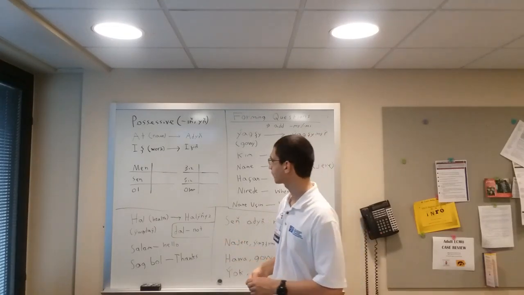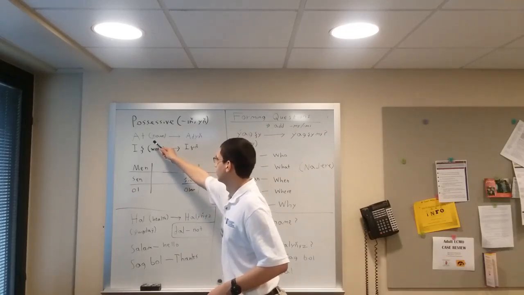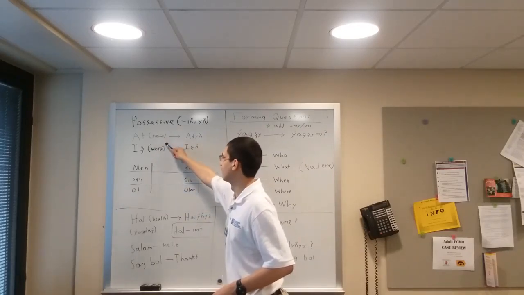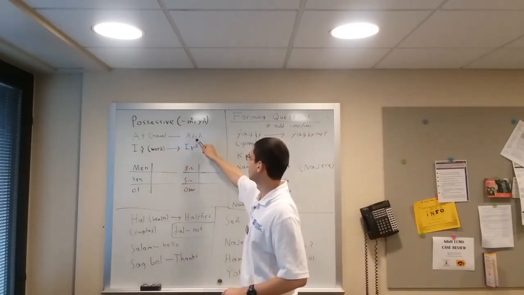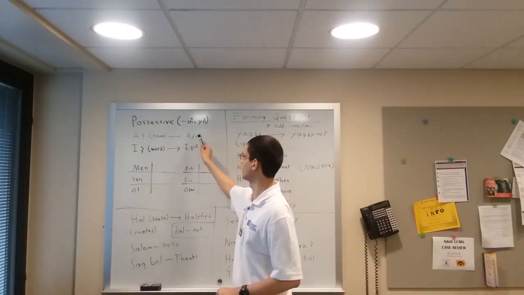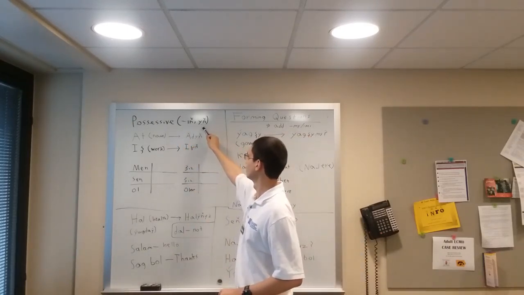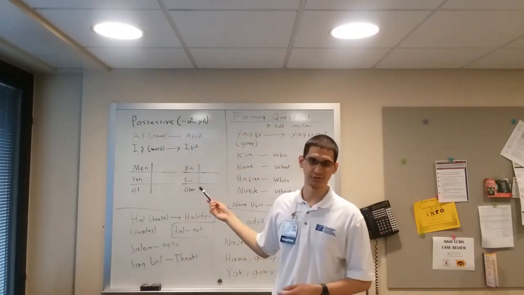So for example, the noun ad means name in Turkmen. So what does adyň mean? Adyň means your name because we added this yň to it. I don't know what that's called, I'll just call it n.